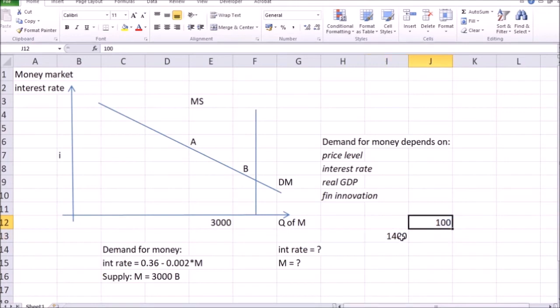So if you look at the percentage, now, as opposed to the price of the bond, as opposed to the price of the share, the dividends of the share or the coupon payments on the bond are smaller in percentage terms. If I want to invest into this bond, I need to pay $1,400, and in return, I will receive $100 every year. So the interest rate is now lower on this financial investment.